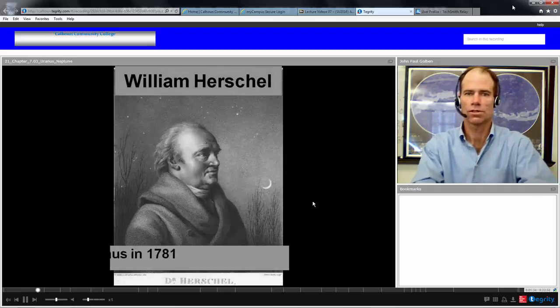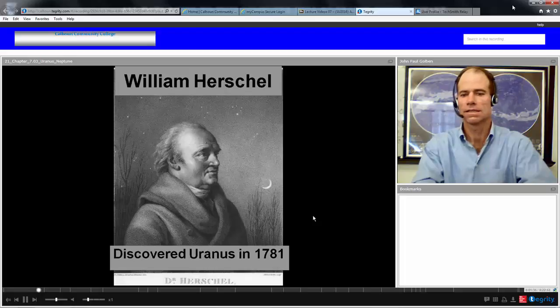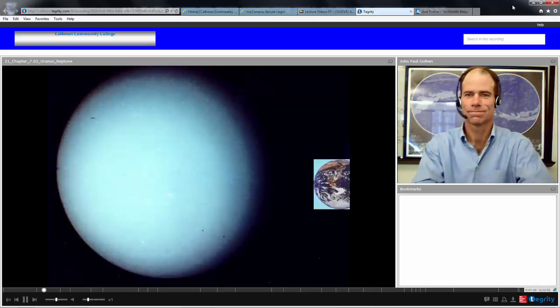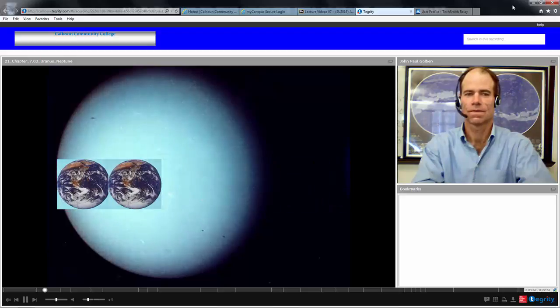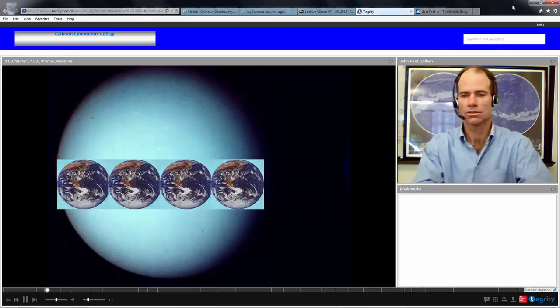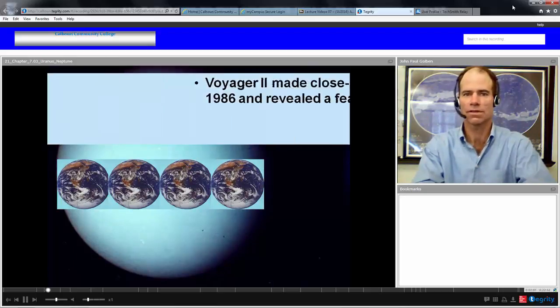William Herschel discovered Uranus in 1781, and here's a picture of him actually discovering the planet Uranus, or at least a depiction. If we look at the planet, we find that its diameter is just about 4 times the diameter of the Earth.